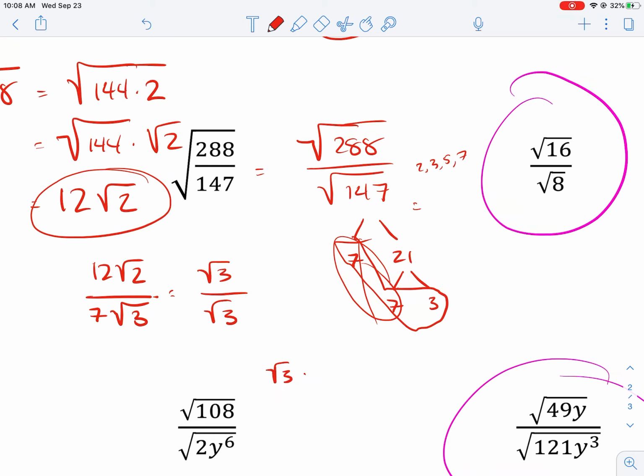Okay, so let's say we're just multiplying these both together, just its own separate problem, all right? So square root 3 times square root 3. Well, using our product property, those go back underneath the radical. 3 times 3 is just 9, and the square root of 9 is 3.